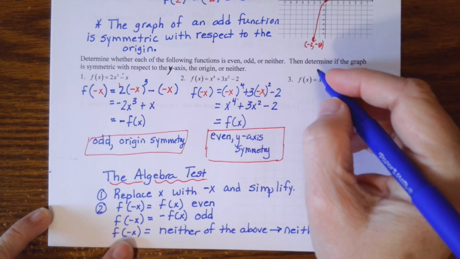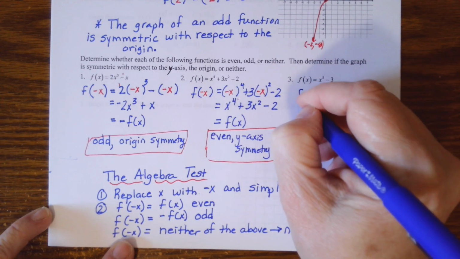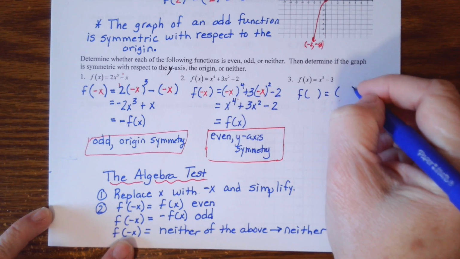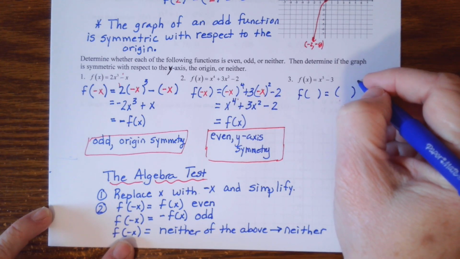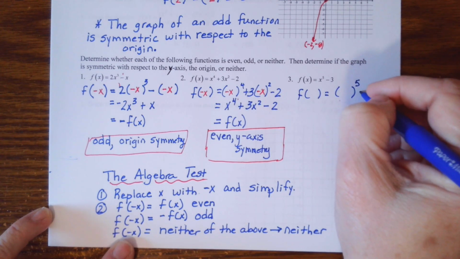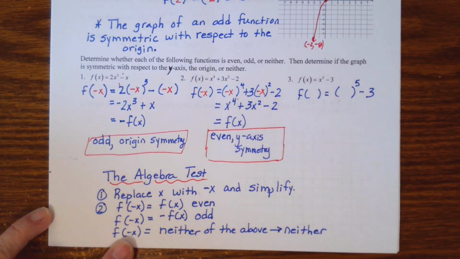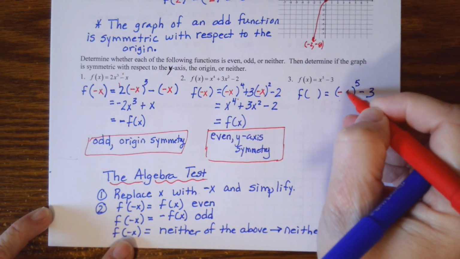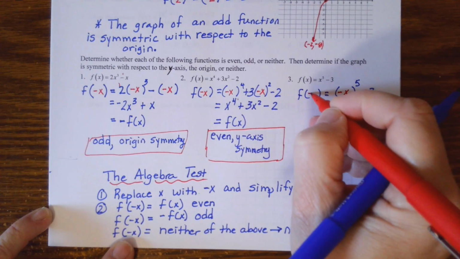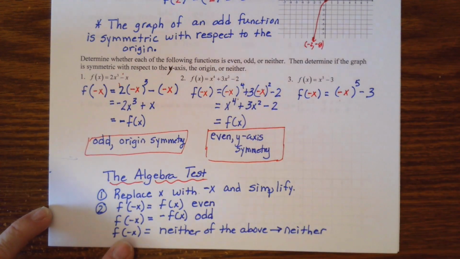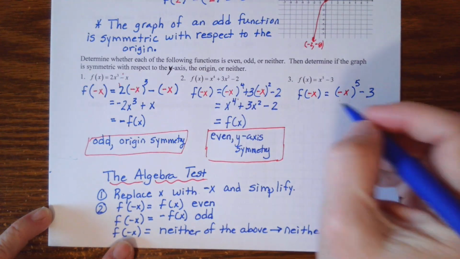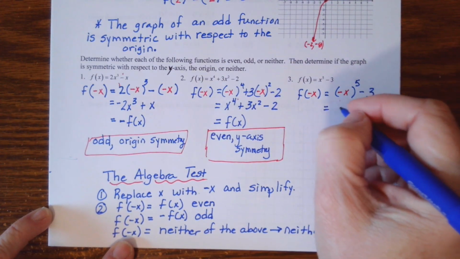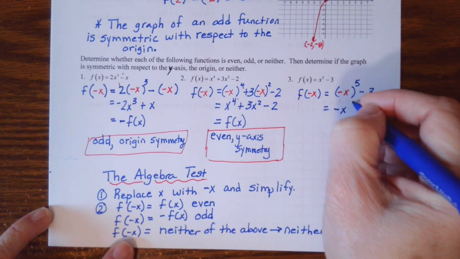All right, let's try one more example. So here we go. We're going to put in our negative x. I'm going to put parentheses where my x is going to go in. So according to the algebra test, I'm going to put in a negative x here. When I input a negative x here, when I take something to an odd power, it's a negative.